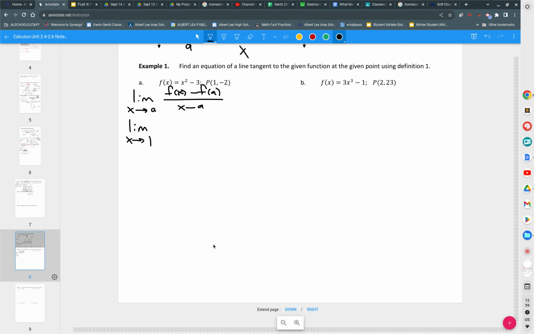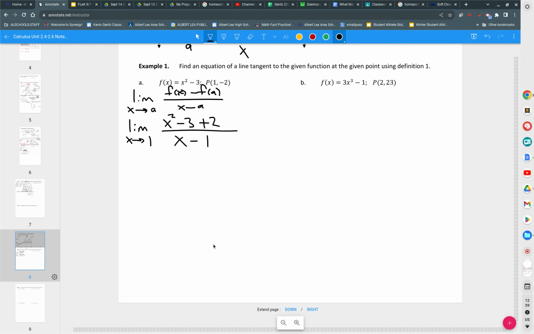Of f of x, what is f of x? X squared minus 3. Minus, what is f of a? What do you get if you plug in 1? You get a negative 2, don't you? So it'll be a plus 2 on the end. Divided by x minus 1.